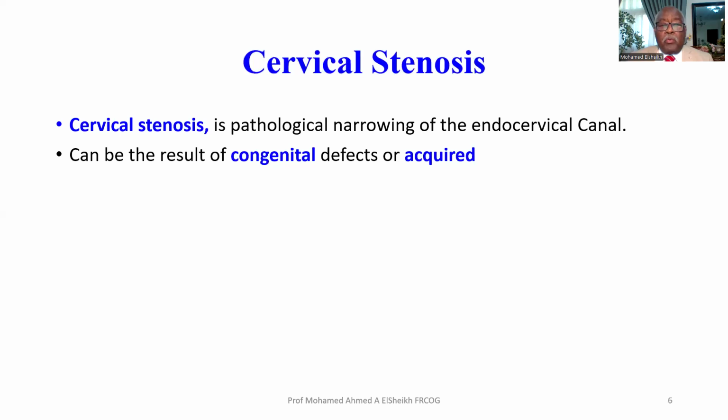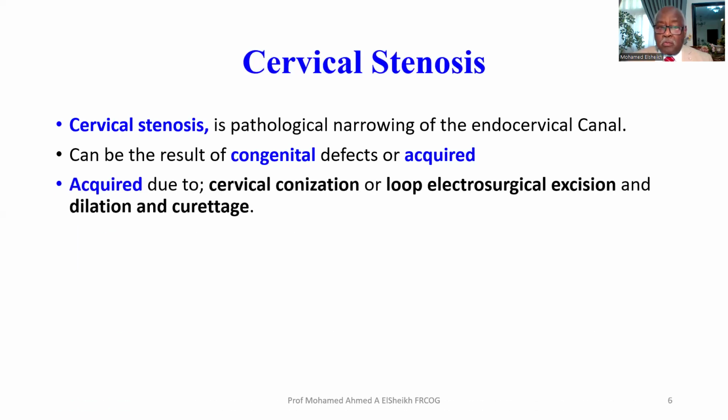The second group is cervical stenosis. It is a pathological narrowing of the endocervical canal, and we usually take the uterus with the cervix. It can be congenital or acquired.